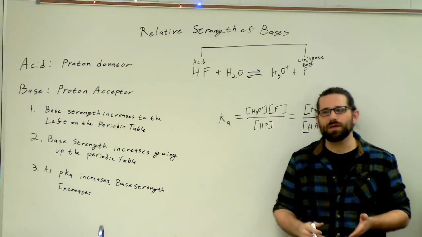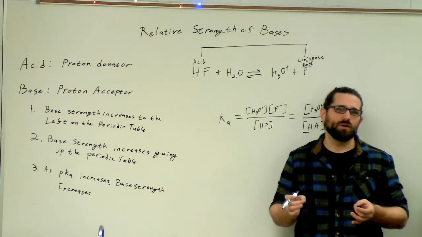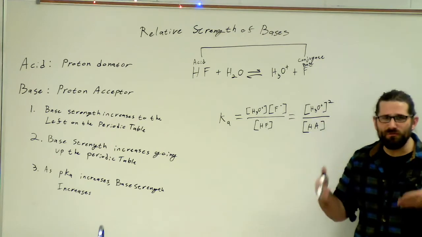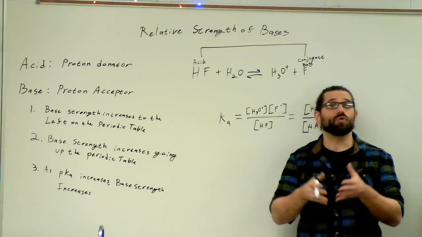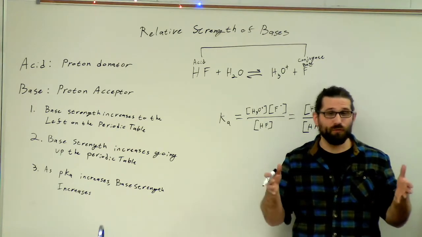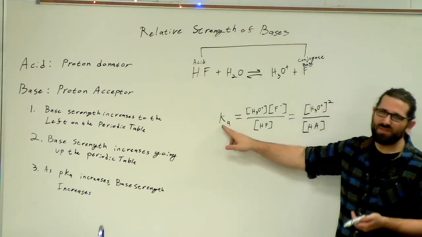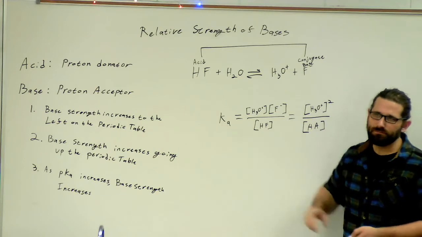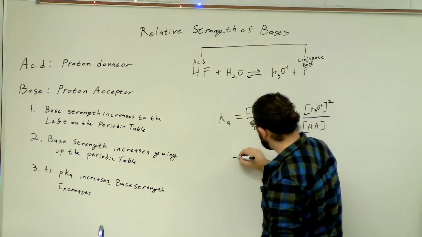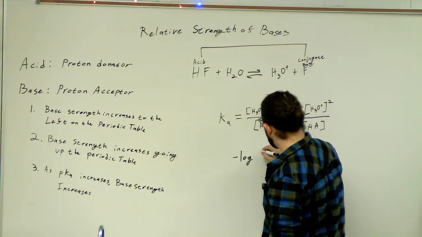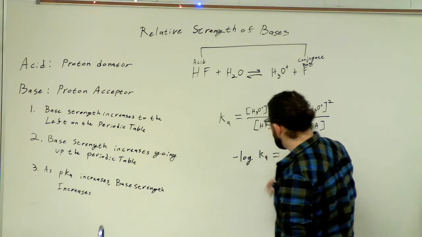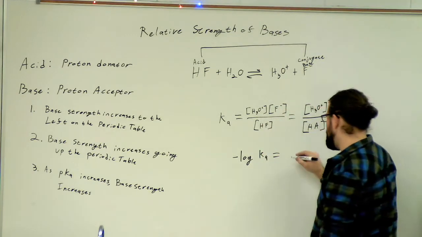And so just like when we're finding pH, we're going to use a logarithmic function to make a more agreeable scale, from 0 to 14. We can do the same thing with these Ka values. We can take the negative log of our Ka, and that will give us a pKa.